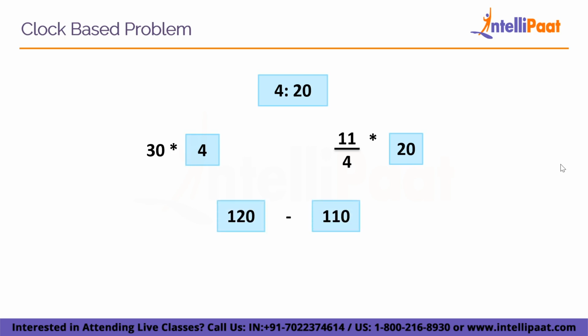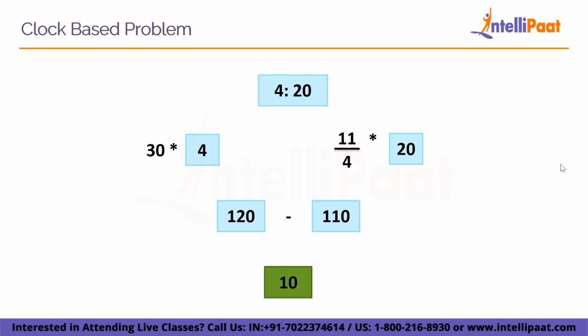Once you do that, you will get 30 into 4, that is 120, and 11 by 4 into 20, that is 110. And once you solve this, you will get your answer as 10. So here our answer is 10 degrees. That means the angle between the hour hand and minute hand at the time 4:20 will be 10 degrees.